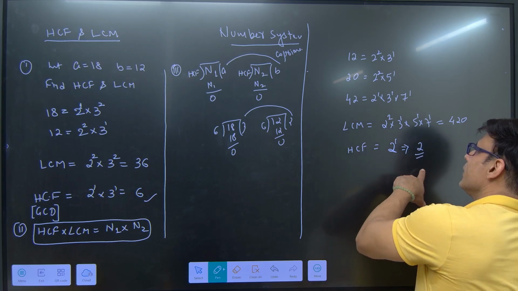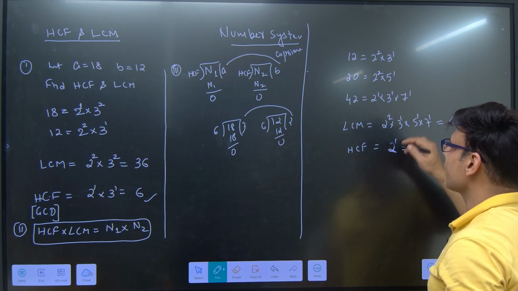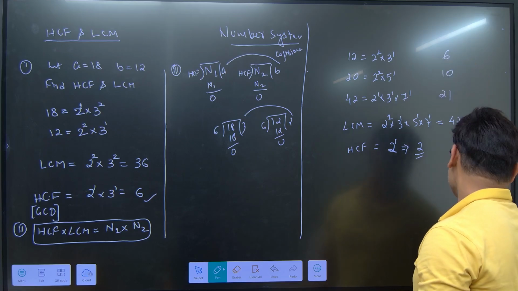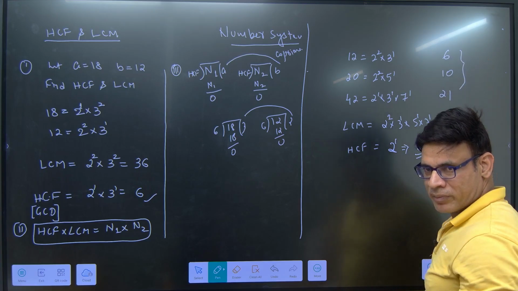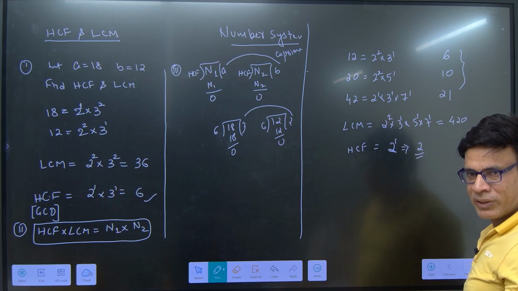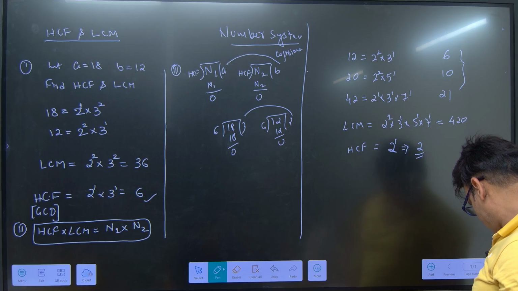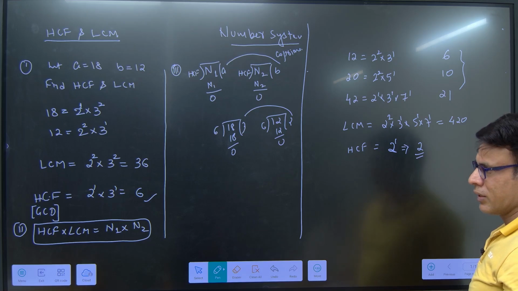What does this 2 mean? This 2 will divide all of them. 2 will divide 12, so what remains? 6, 10 and 21. See, these two are not co-prime but all three are relatively co-prime. That means the highest common factor of the three is then only 1. Understood? Is it making some sense?